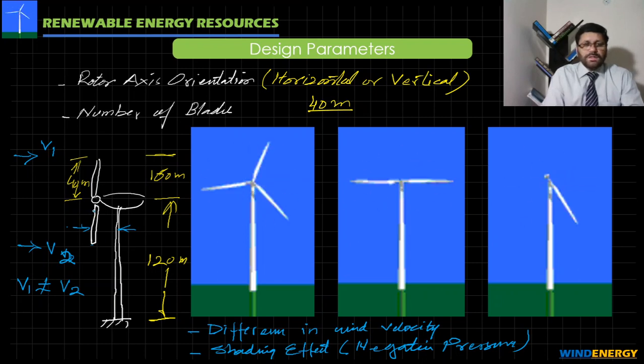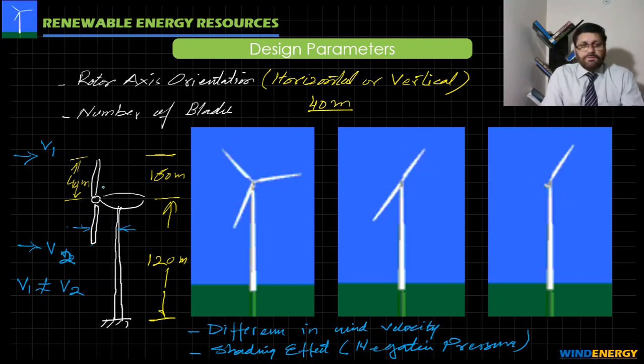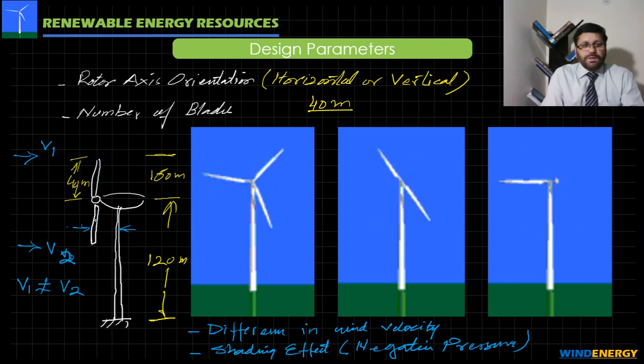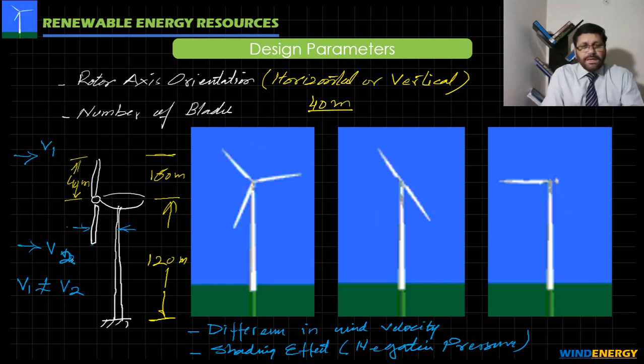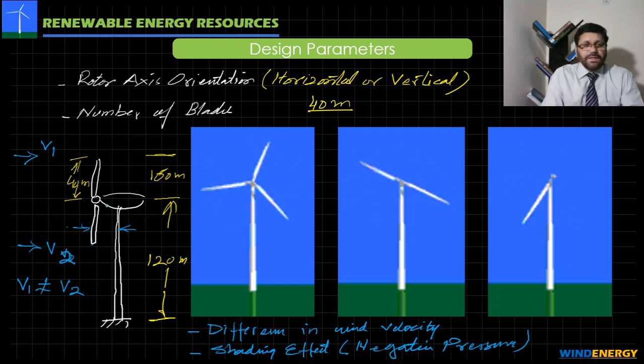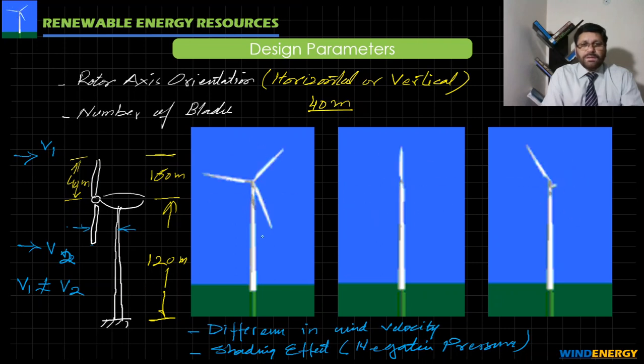So once the lower blade is passing in front of the tower, because the top blade is at that very moment in vertical direction, irrespective of the difference in the wind velocity, because of the negative pressure, the shading effect, there is going to be extra stress produced on the hub and the blades. So this is the disadvantage of having two blade wind turbines.